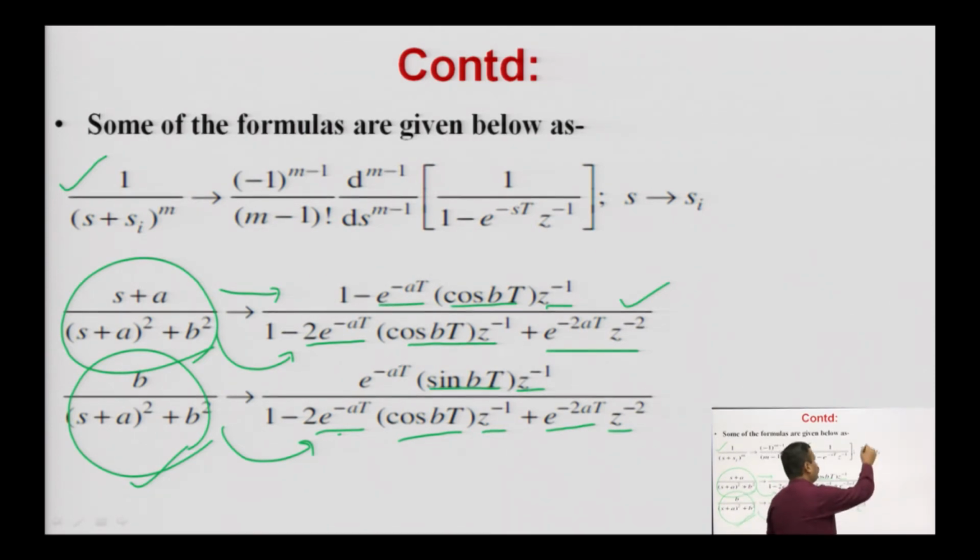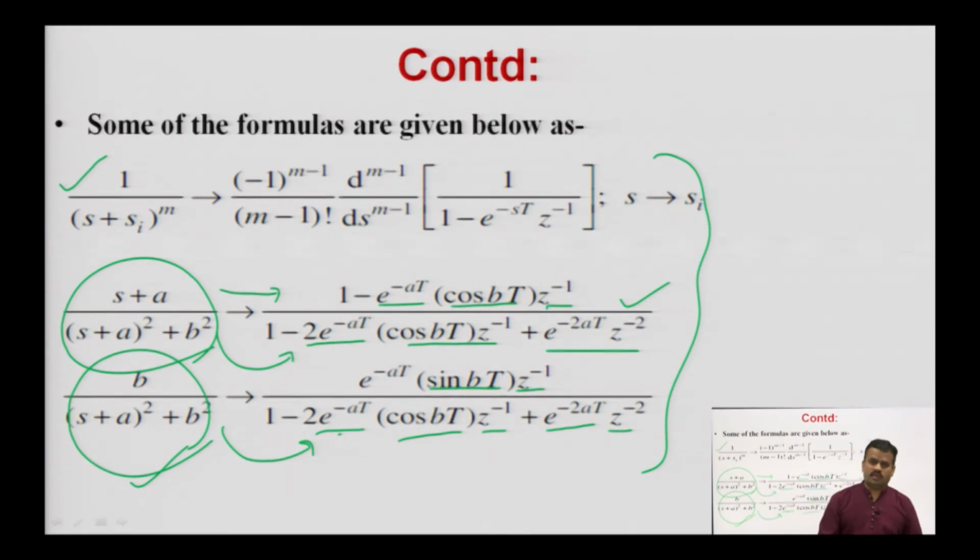So, these 3 formulas you have to remember: one for the linear factor, one in terms of cosine, one in terms of sine. If you remember these 3 formulas, then for any type of expression you can directly put the values and get H(z) from H(s).